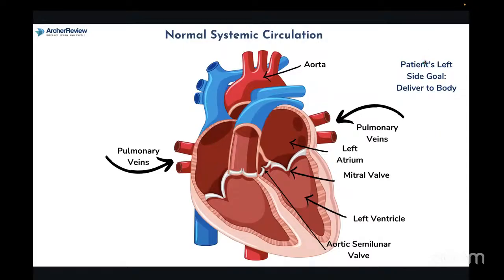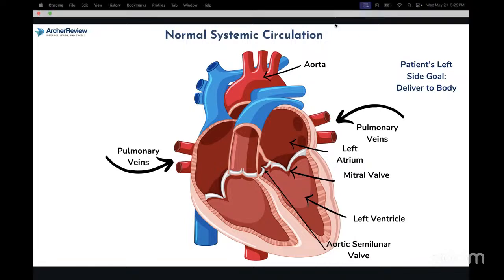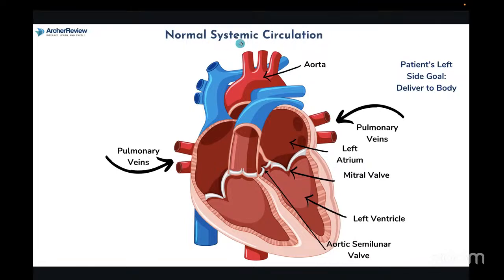Now we have to get this blood distributed to the rest of the body, to the rest of the system. That is why this circulation type is called systemic. We've got blood rich in oxygen, deliver it back to the body, the system. So, of course, it's got to come back in through the heart so the heart can pump that blood through all the different vessels to meet that need.